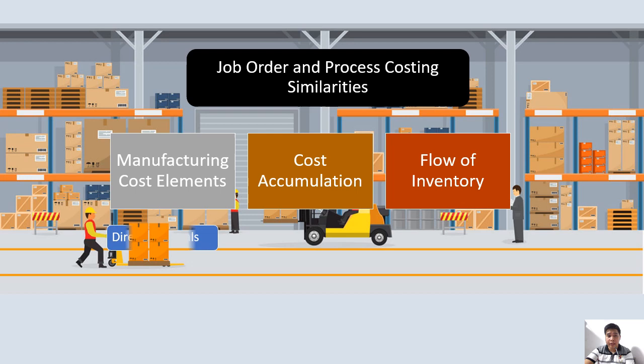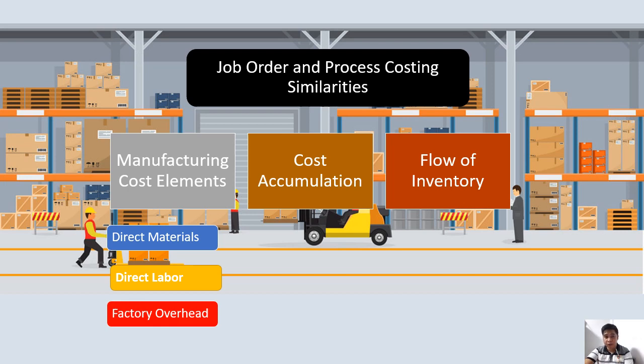So nagkaka-incur tayo ng direct materials, nag-incur din tayo ng direct labor, at the same time ng factory overhead. So ibig sabihin, yung content ng manufacturing cost natin ay parehas lang for both job order and process costing.